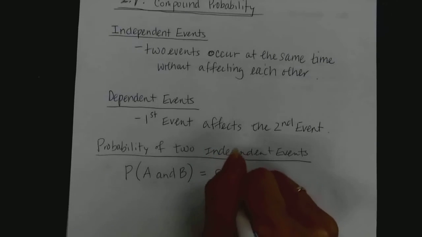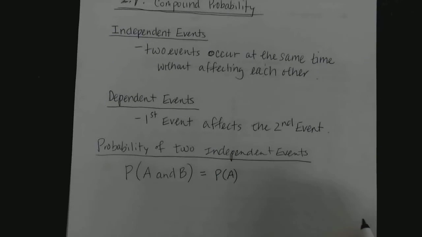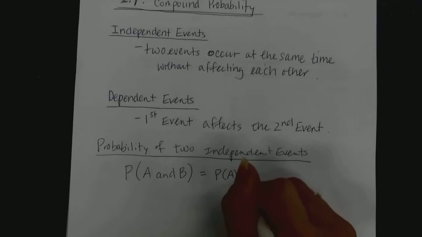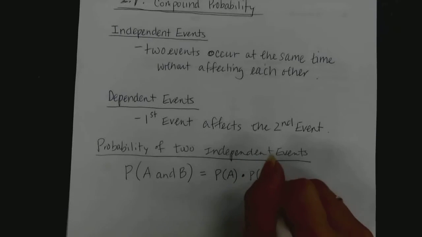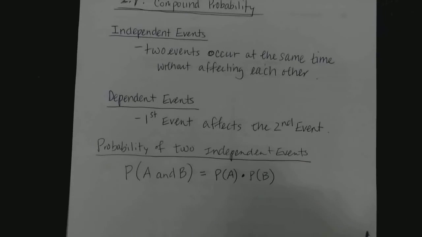So you find the probability of A, and then you multiply by the probability of B, and that will be the probability of the two events happening. So you just multiply.